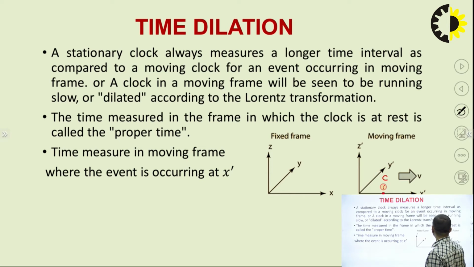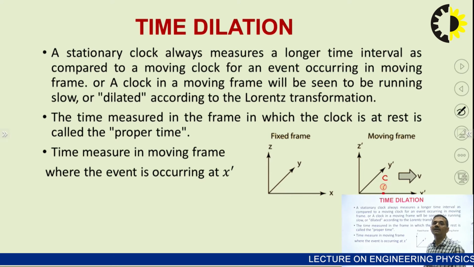So if we consider the object, here the clock, and the observer in the same frame, the moving frame, then the time interval between the same two events is known as proper time. But if we are measuring the time interval between the same two events with respect to the fixed frame, then it will be dilated, it will increase.